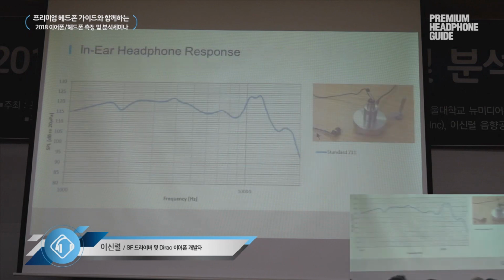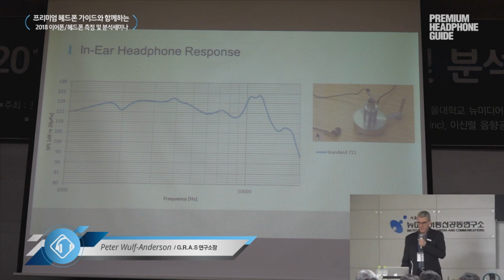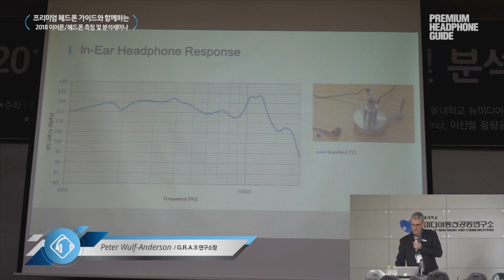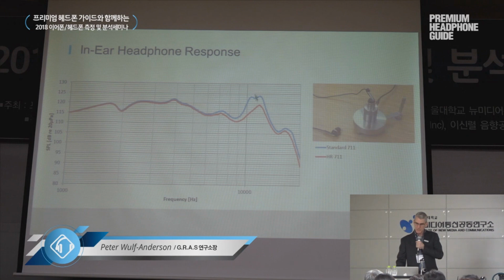If we look at practical measurements of a headphone just used in the coupler, and do one measurement, the blue curve here is done with the standard 711 coupler, and we want to compare it to a measurement done in the new high-resolution coupler.